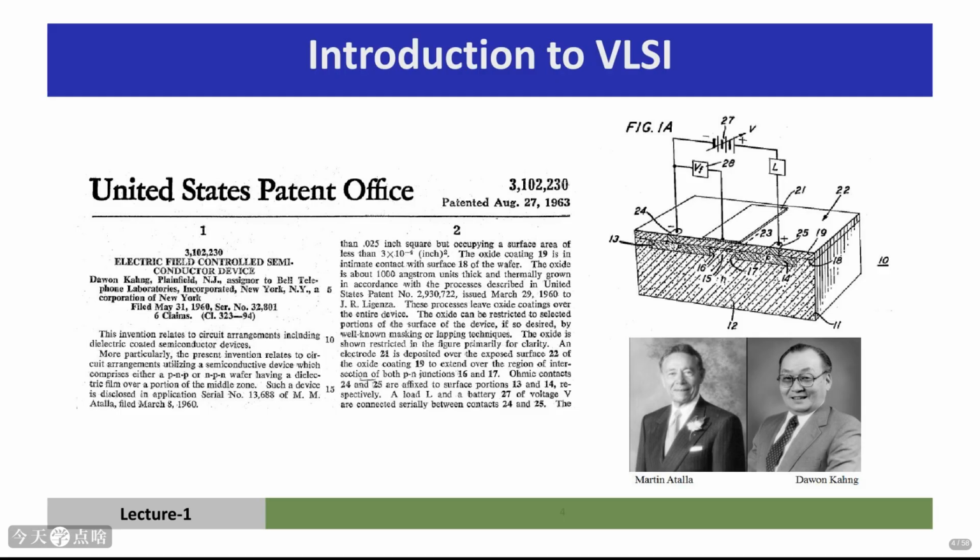The diagram illustrates the basic structure: a semiconductor wafer, typically silicon, with a dielectric film, usually silicon dioxide, acting as an insulator. An electrode controls the flow of current through the semiconductor. This simple yet elegant concept allowed for the creation of transistors that were easier to manufacture and control than previous types. It was a pivotal moment, laying the groundwork for the integrated circuits we rely on today. These guys were visionaries.